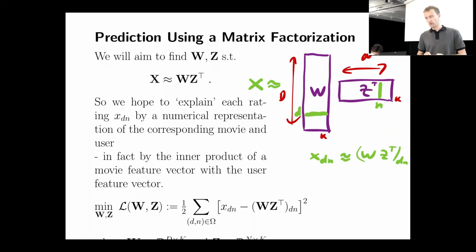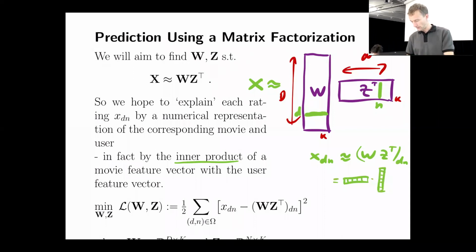Okay, so we have a model. So if you ask for a prediction, you just take this inner product of the dth row of W with this column of Z transpose. So that's this prediction, and it's very easy to evaluate.